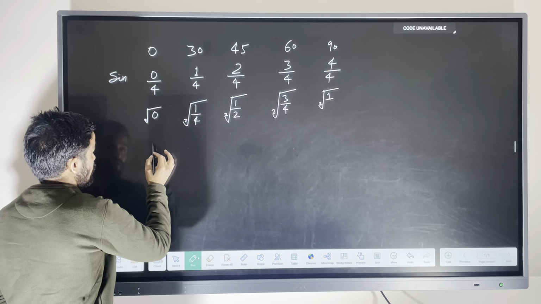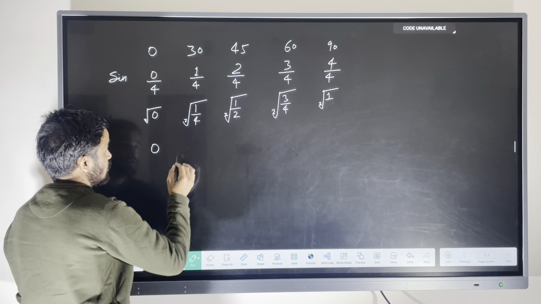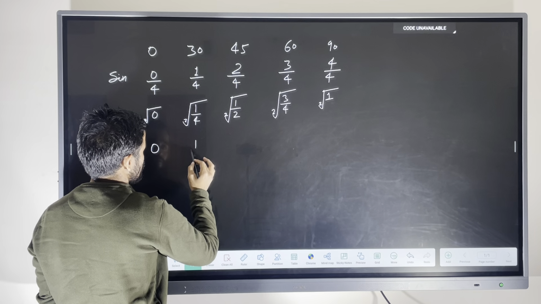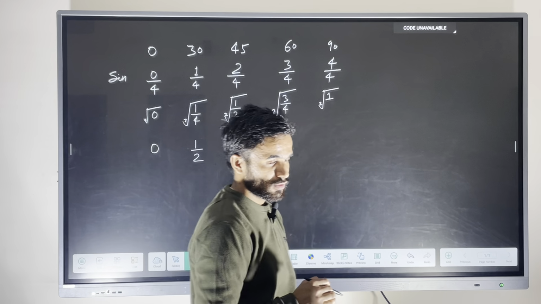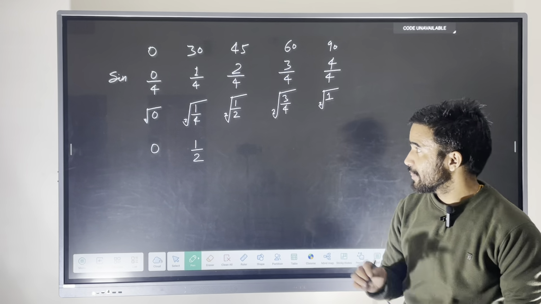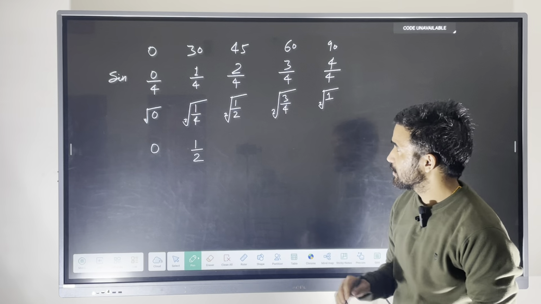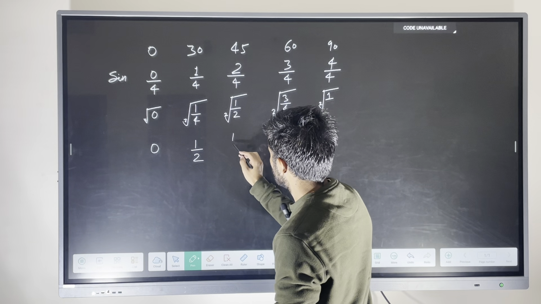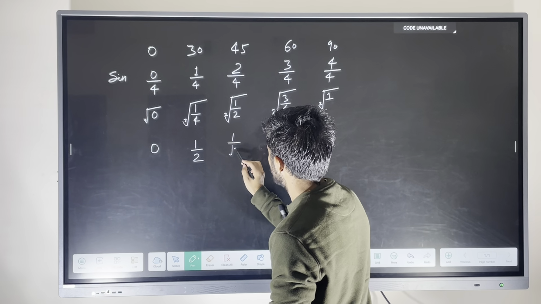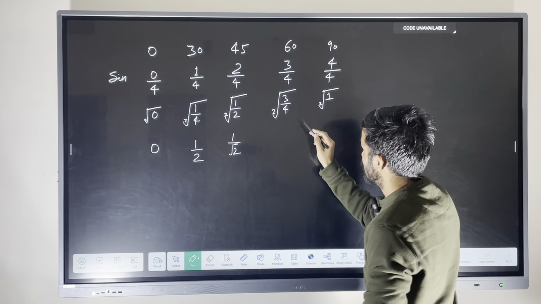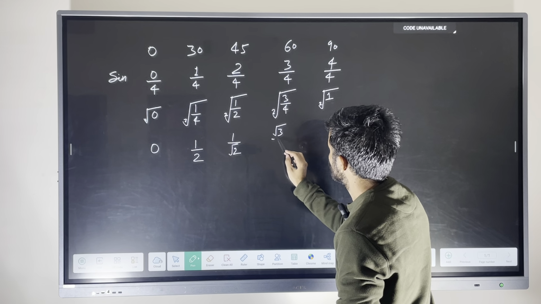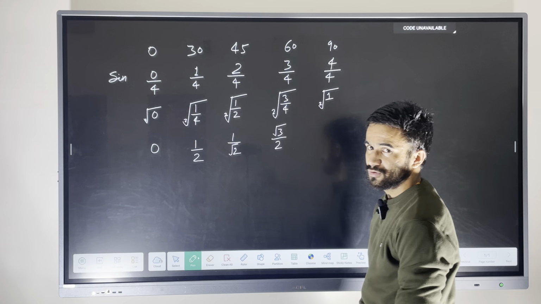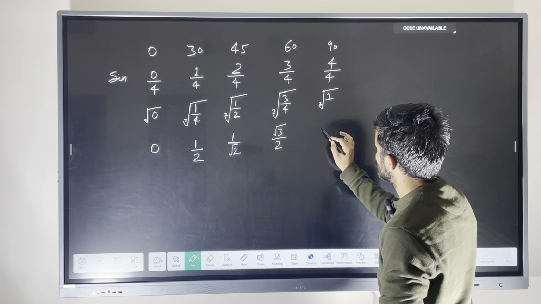So the square root of 0 is 0. The square root of 1 upon 4 is 1 upon 2, because 4 is the square of 2. Similarly, 1 upon 2 becomes 1 upon root 2, this will be root 3 by 2, and this 4 turns to 2. And the next one, the square root of 1 is 1.